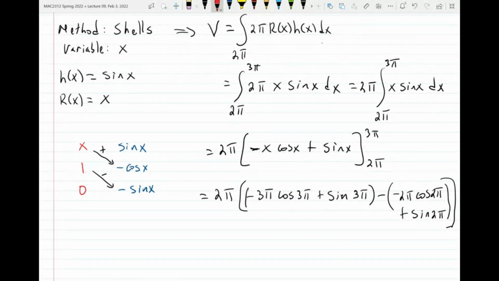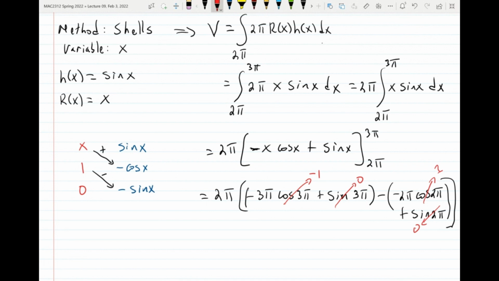Cosine of 3 pi, what's cosine of 3 pi? That's the same thing as cosine of pi. Remember, cosine has period 2 pi. So the same thing as cosine of pi, and cosine of pi is negative 1. Sine of 3 pi, that's 0. Sine is 0 at multiples of pi. Cosine of 2 pi is equal to 1.